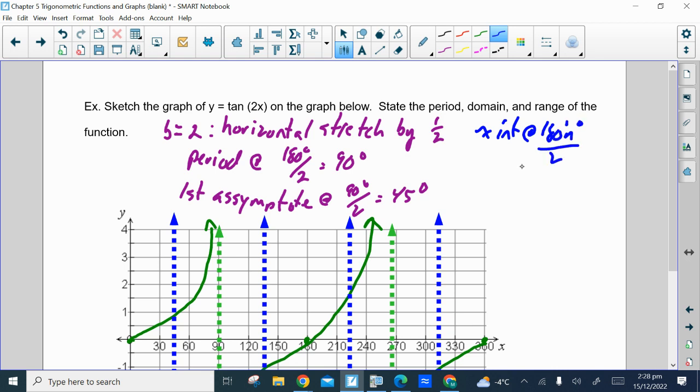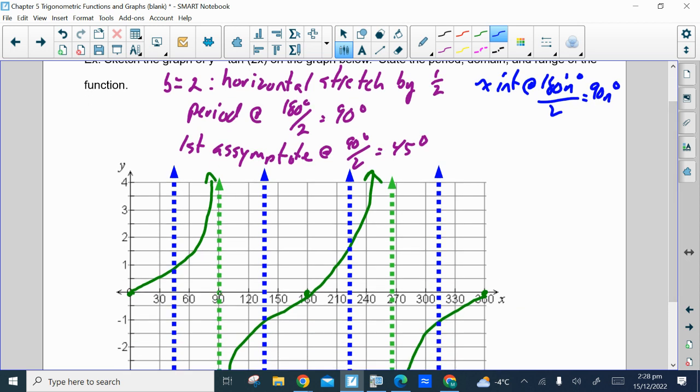Well, now that's going to be cut in half as well, so now it'll be at every 90 degrees. So our first x-intercept will be, well, 0 will still be an x-intercept because half of that is still 0. But then every 90 degrees, which are basically halfway in between the asymptotes. So this is what this graph will look like.